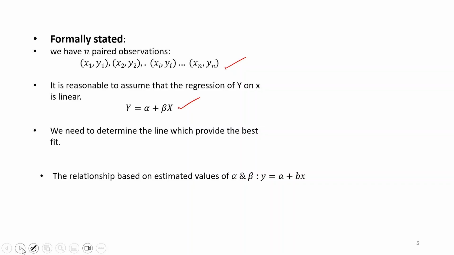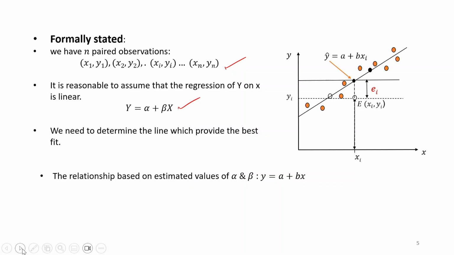The relationship based on the estimated values of alpha and beta is stated by this equation, y equal to a plus bx. In the diagram, some data points are there, and there is a line passing through the data points, which is a straight line.